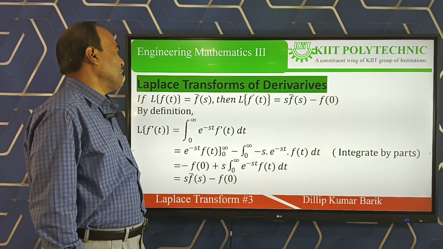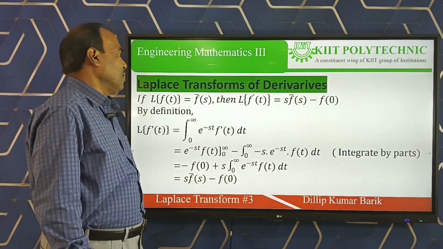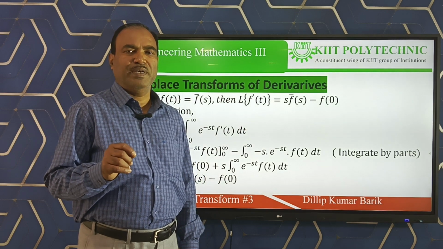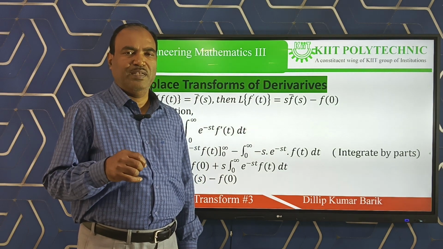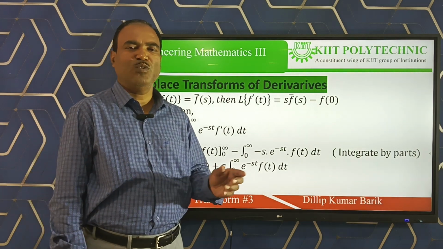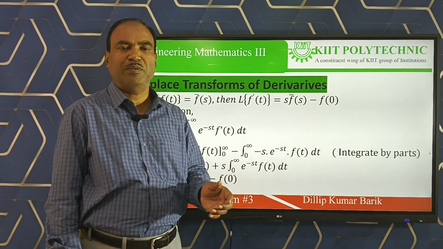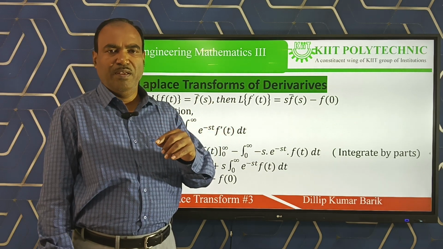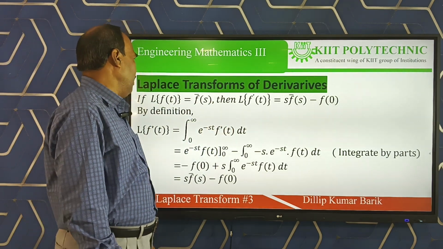First of all, Laplace transform of a derivative. That means when the derivative of a function is given, how to find its Laplace transform. For example, suppose the Laplace transform of cos t is needed, because the derivative of sin t is cos t.